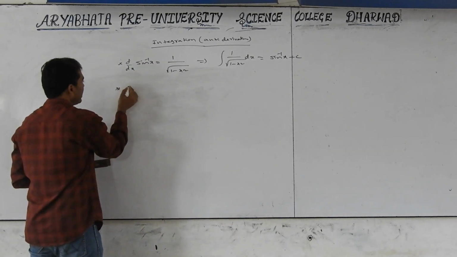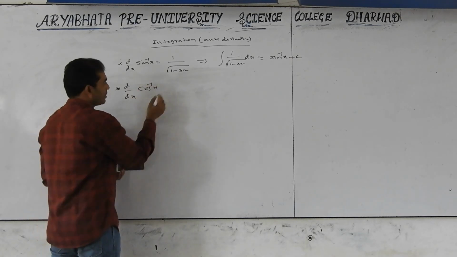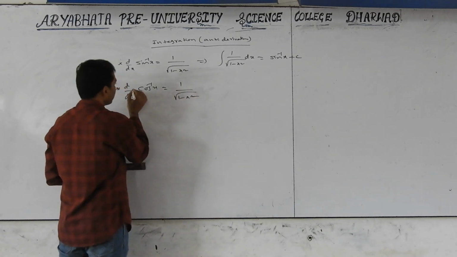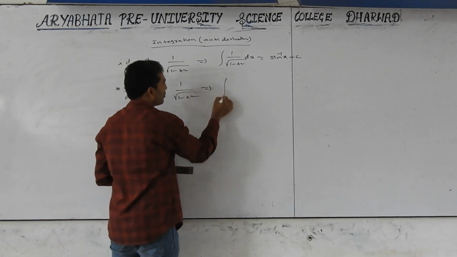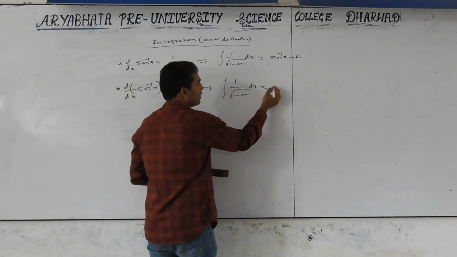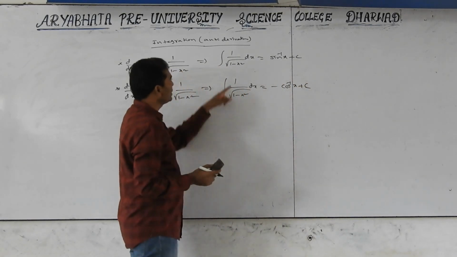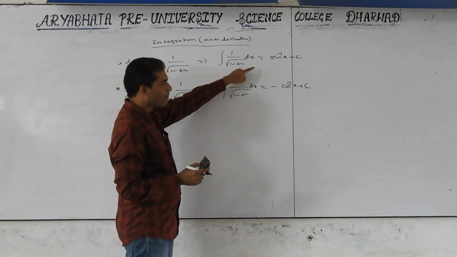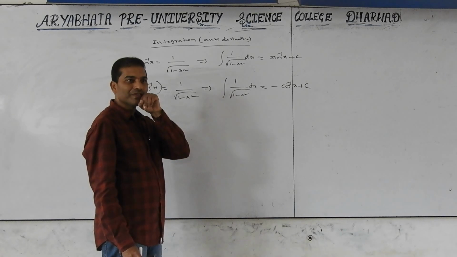Next, d by dx of cos inverse x is minus 1 by root of 1 minus x square. Minus I am writing here. Then integration of 1 by under root of 1 minus x square dx equals, tell me, minus cos inverse x plus c. See, the function is the same, but the right side answers look different, but both are same.